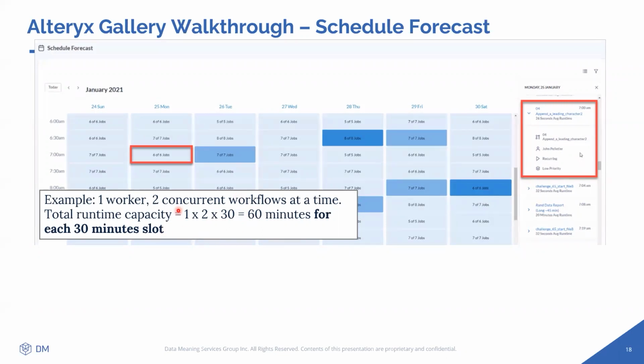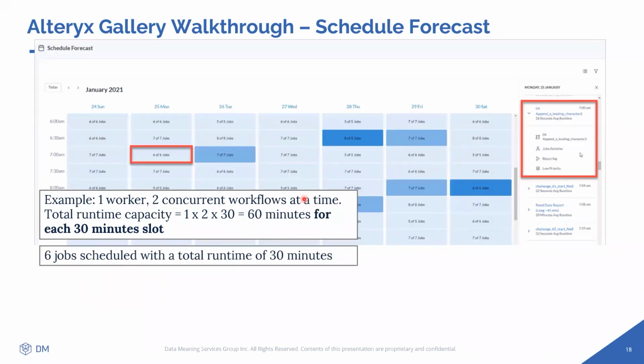And the calculation here is that, okay, so if I have 2 concurrent workflows, I have 30-minute slots. That means that I have 60 minutes for each slot there. In this example, I have 6 jobs scheduled. And summarizing, the total runtime is 30 minutes, for example.